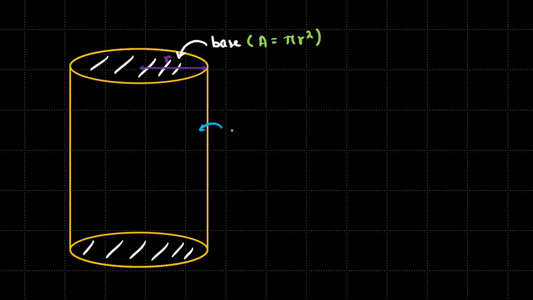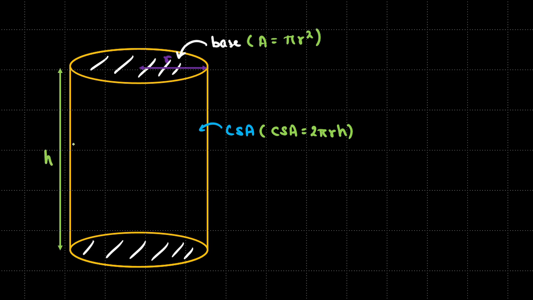So this will be our curved surface area, and the formula is 2 pi r h, where h is the height. So height will be this distance, which is going to be represented by h.